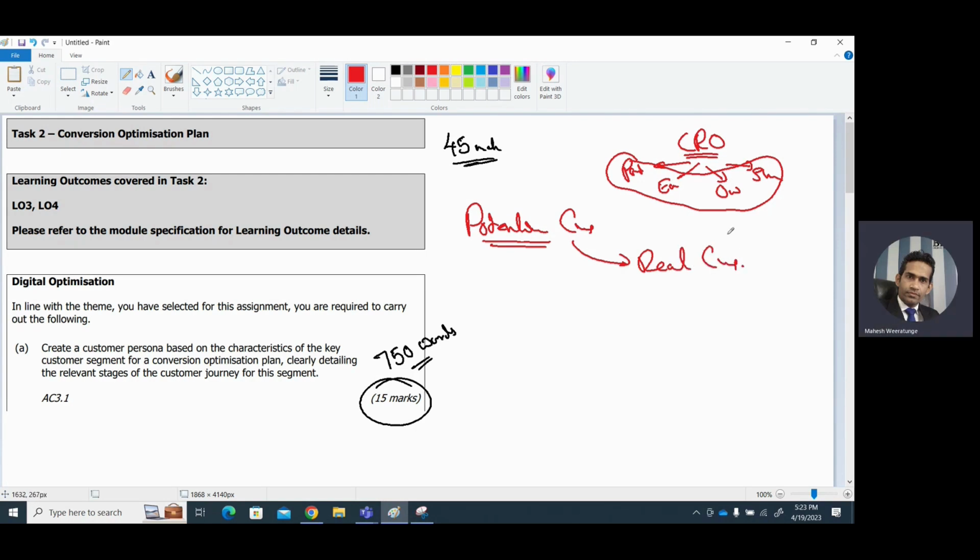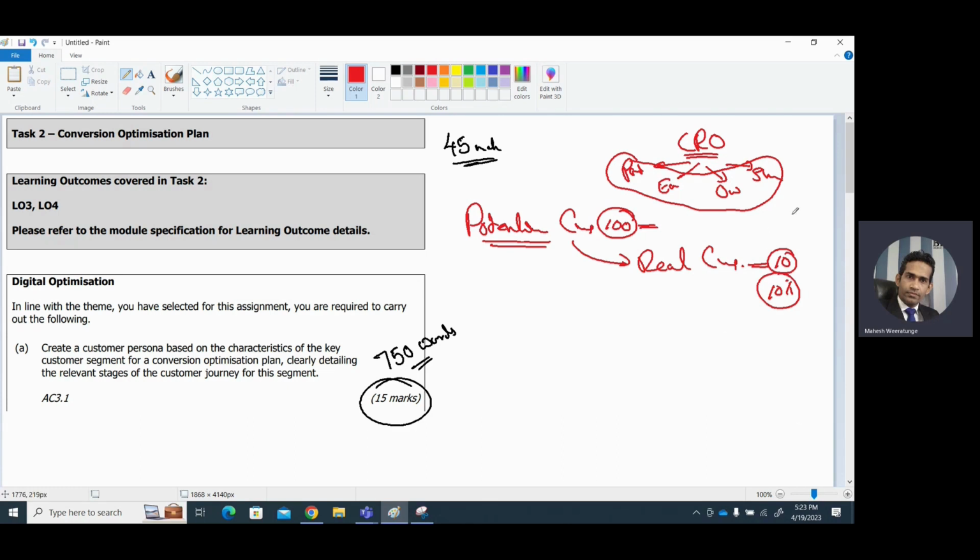So conversion rate means, let's say you talk about 100 potential customers who engage with your website and you converted about 10, which means your conversion rate is 10% of the total customers who engage with your website.